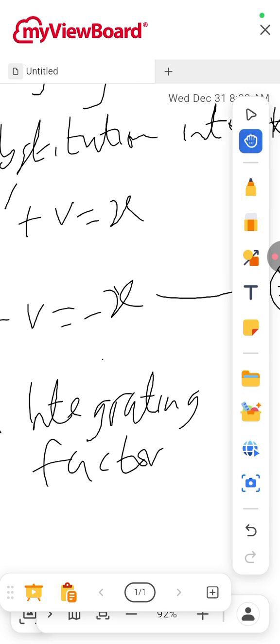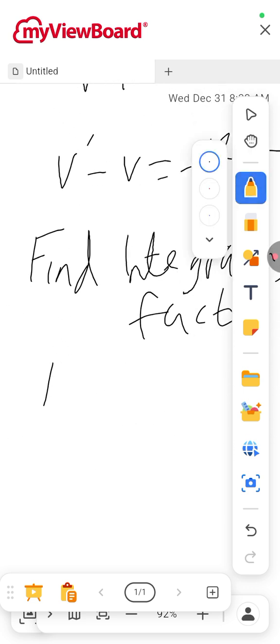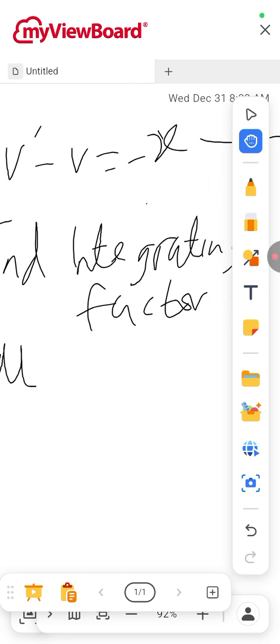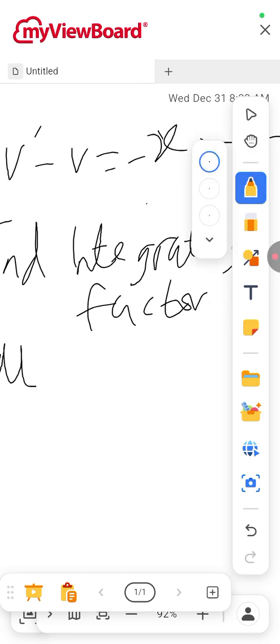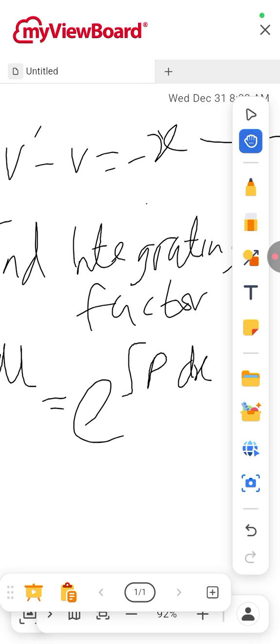So this integrating factor, we usually use the symbol mu to represent it. If you check most materials, mu is the symbol for integrating factor, and the integrating factor is given by e raised to power integration of p dx. Yes, it's given by e raised to power integration of p dx.